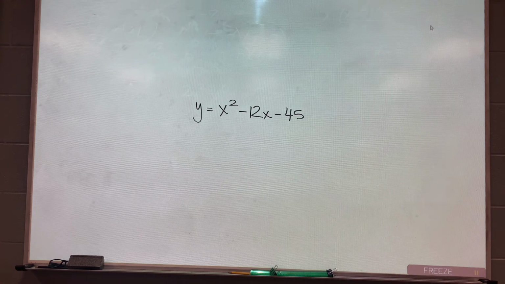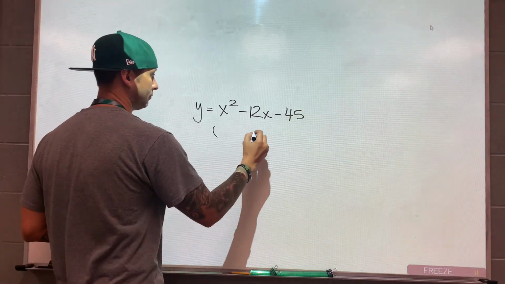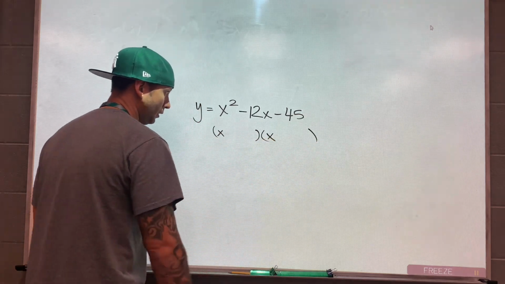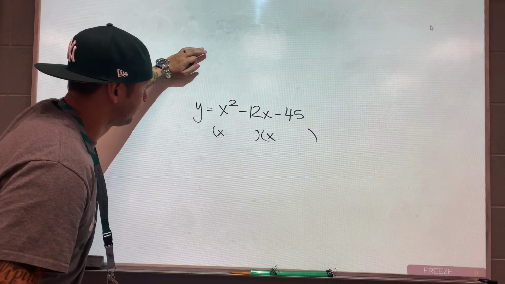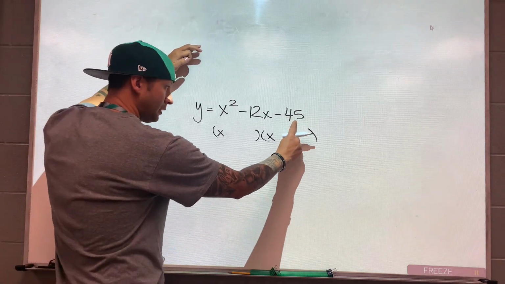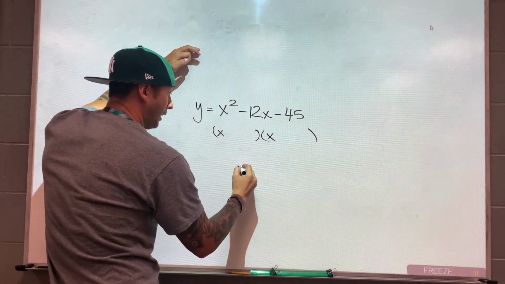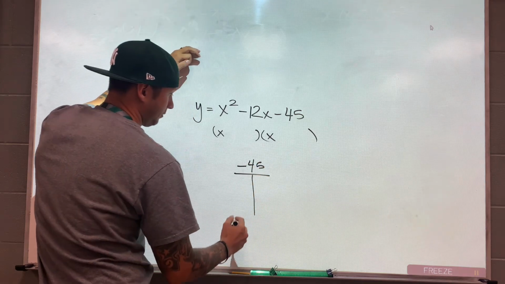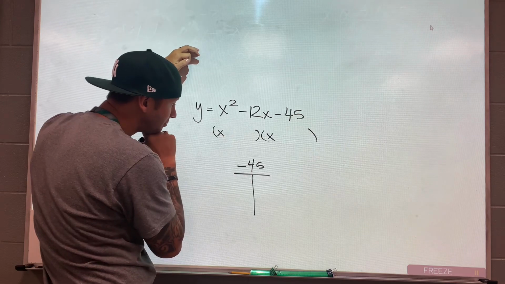Now we're just going to factor this. I need to come up with two numbers that multiply to make negative 45 and add up to 12.